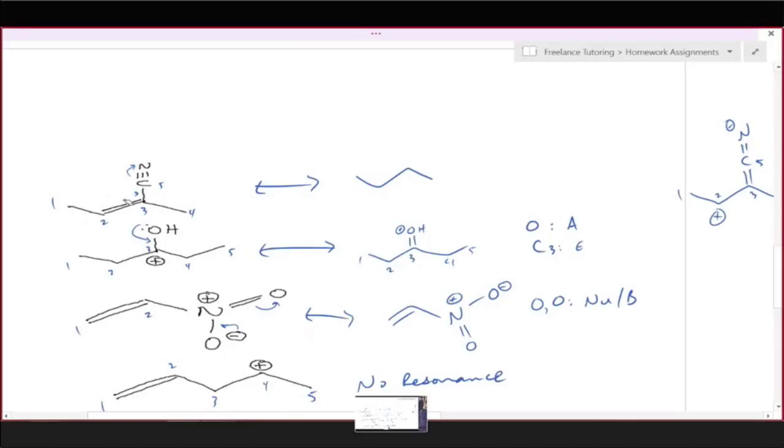So, yeah, I think if I were to just move one arrow, just use one arrow there.